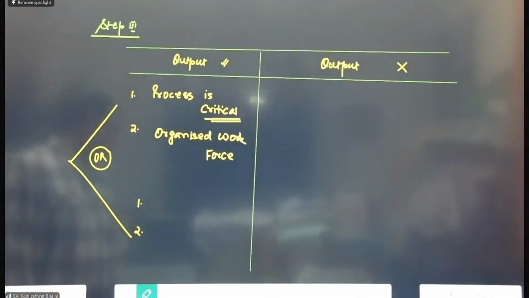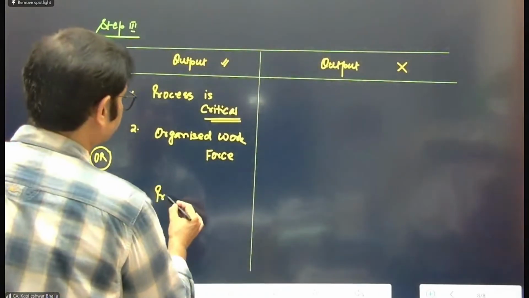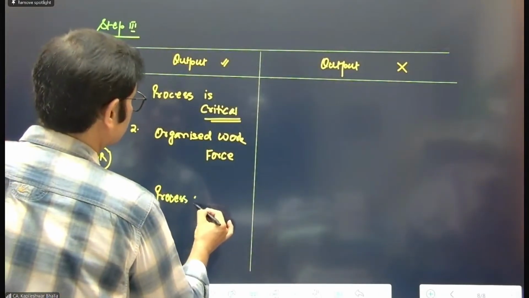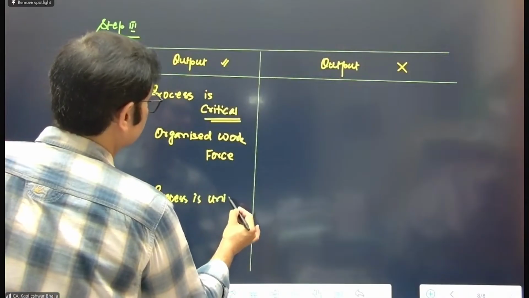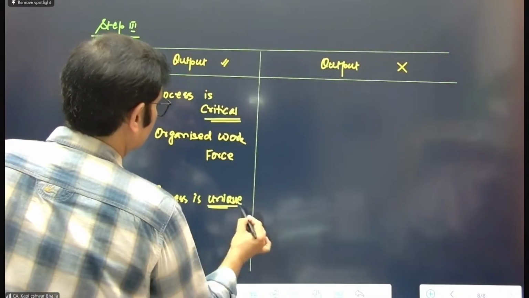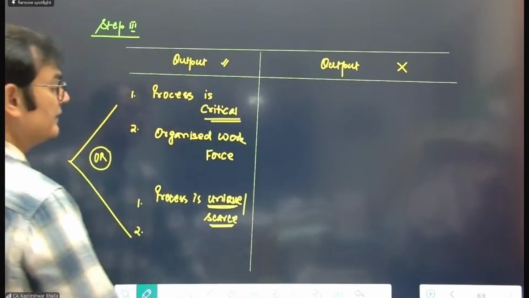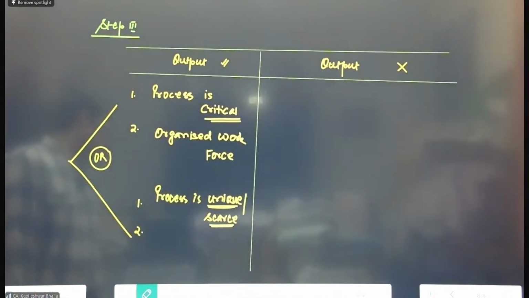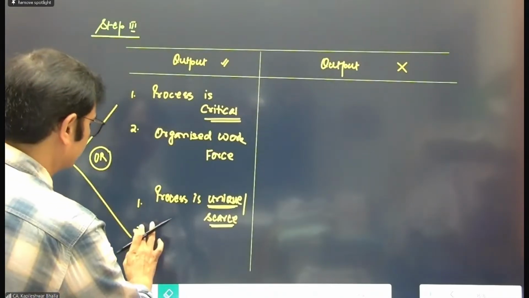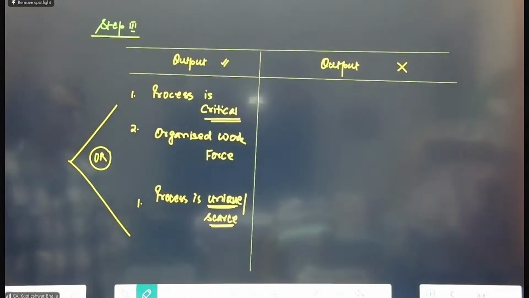The second set of conditions is that we need to prove that the process is unique or scarce in nature. The process is something which is unique or scarce. And I think that's the only condition effectively, not a second condition: that it is unique and scarce.